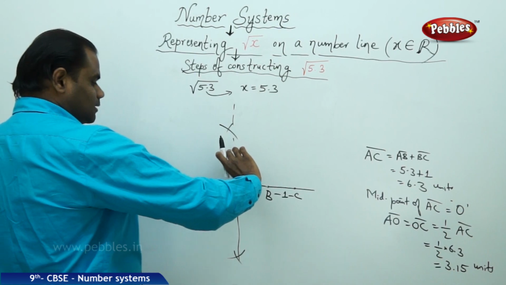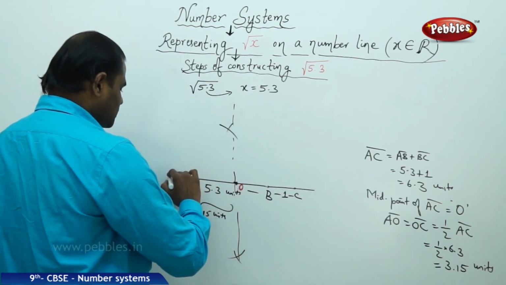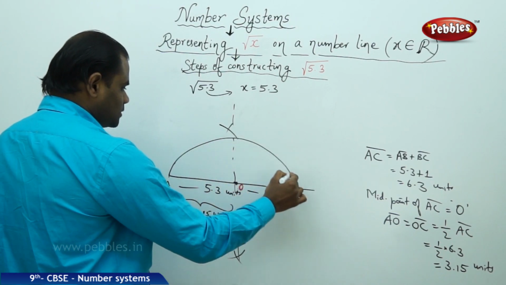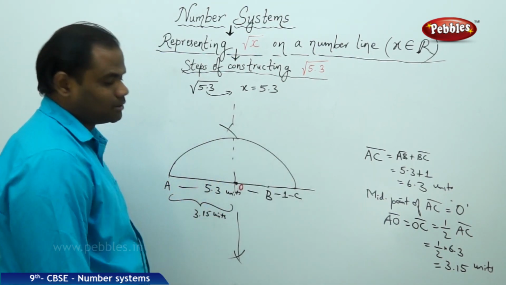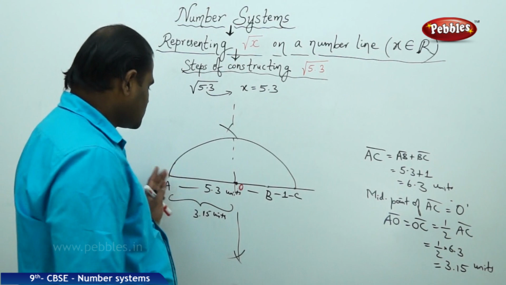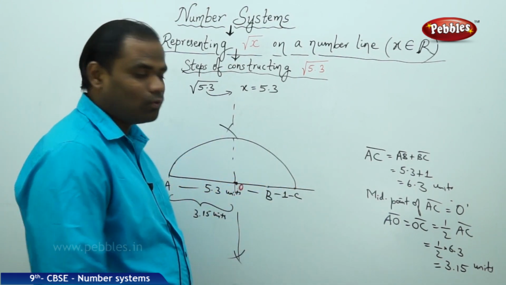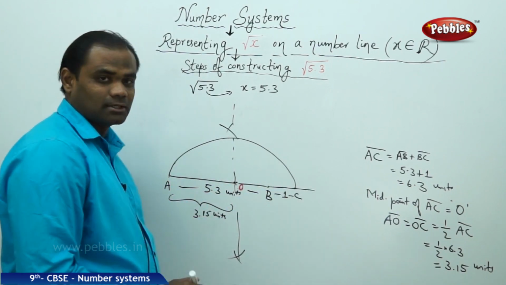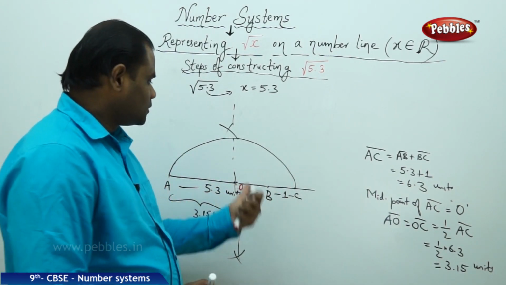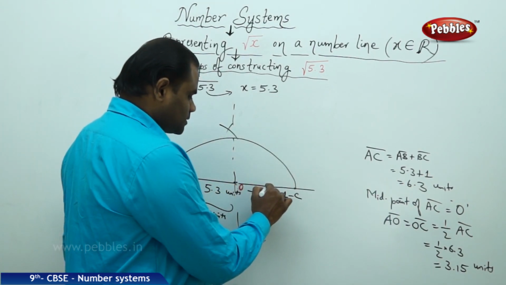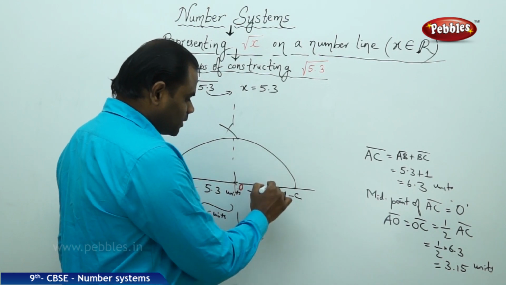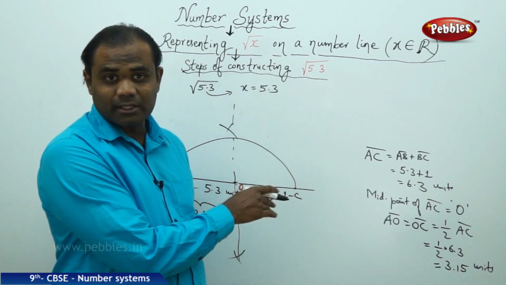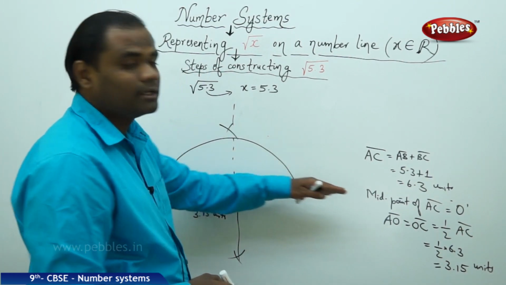Now take the center and draw a semicircle with OA as the radius. So the next construction is to draw a semicircle in this manner. Once a semicircle is drawn through O with the radius OC or OA, the next step is to drop a perpendicular from B. Put the protractor at B and make 90 degrees to the line AC.